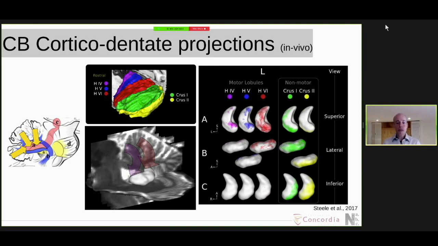That speaks to a point I'll make towards the end, and connects well with the points Joern Diedrichsen is making on how we should no longer consider the lobules as the functional organization of the cerebellum, because lobule 6 in particular has approximately 50% motor and 50% non-motor type connectivity. So it is interesting that we were even able to pick it up here.